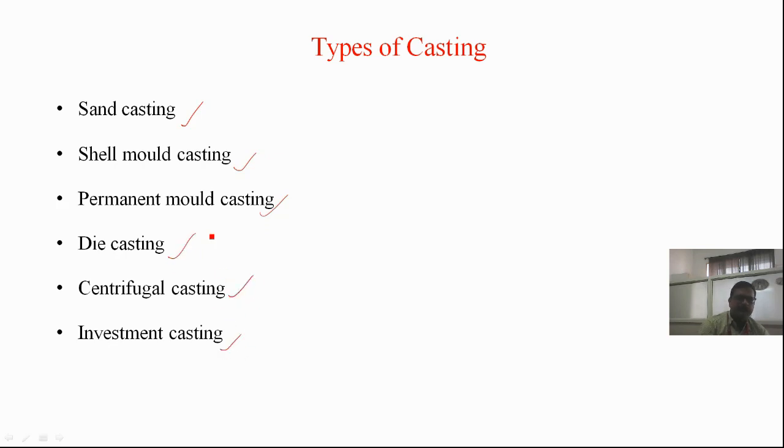So even if it is casting, there are different methods of casting, and for the product we want to manufacture, one of these casting processes can be adopted depending upon the above 5 things: what type of material we are going to use, how much is the volume, what is the complexity of the shape, etc.